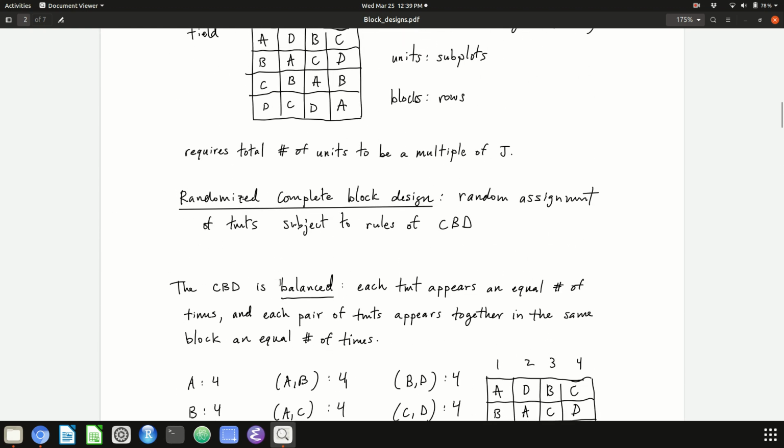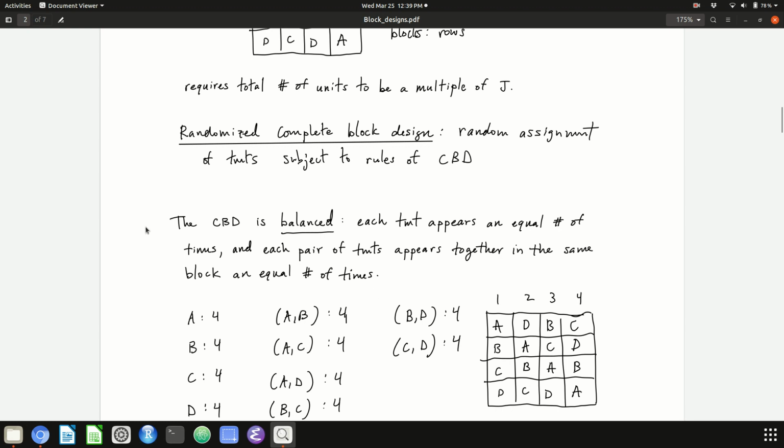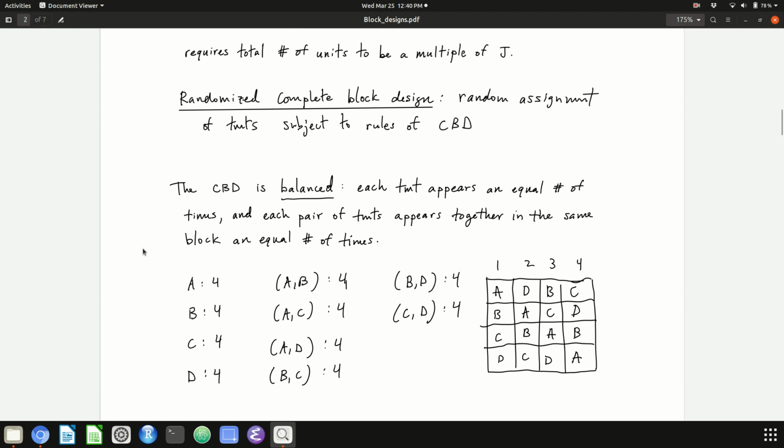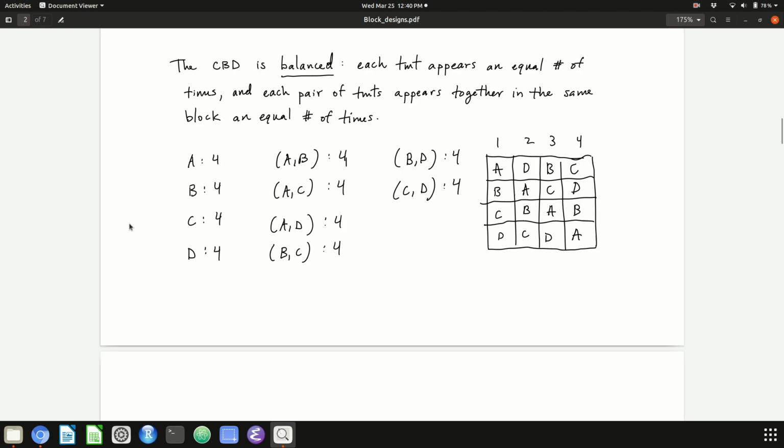So that's why I say that this definition of balanced is good for most purposes. Here, balance means each treatment appears an equal number of times and each pair of treatments appears together in the same block an equal number of times. So this is a satisfactory definition for most purposes, but there are some more complicated situations where this definition isn't quite satisfactory.